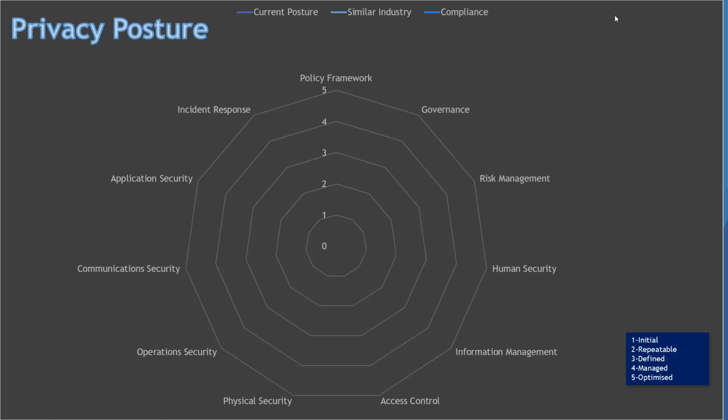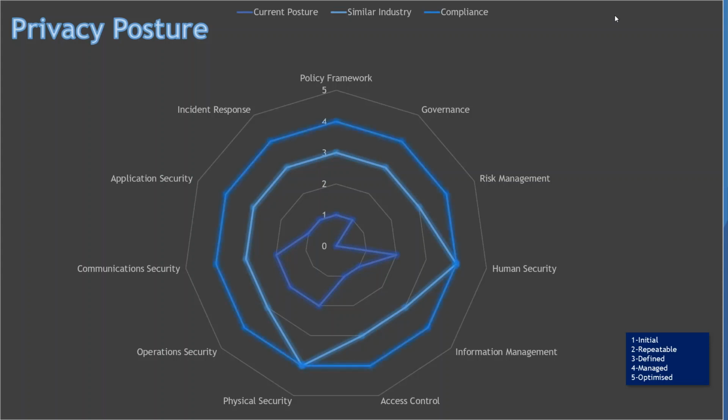So based on that, against all of these security controls recommended by ISMS or the Privacy Commissioner, we can identify your current maturity of the controls, and that's the current posture. We can also provide you the industry requirement, the least security posture recommended for your own industry, and what compliance or the privacy commissioner asks you to be.